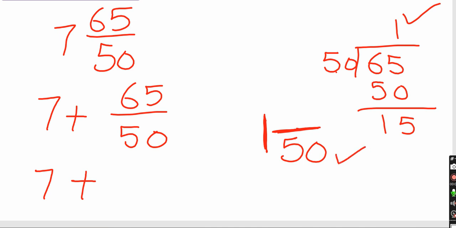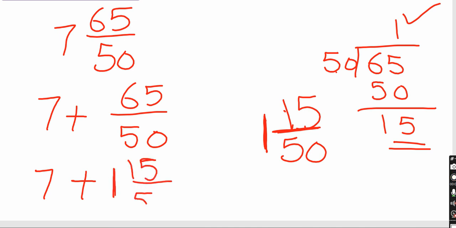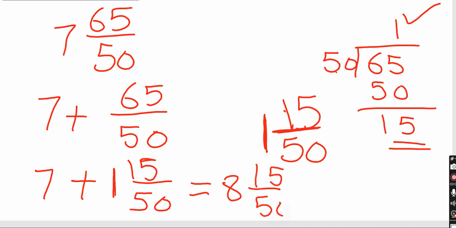So the denominator is 50 and this remaining amount 15 will come on top and become the numerator. So instead of this, I will write 1 whole 15 by 50 and then I will add it. 1 whole plus 7 will become 8 whole. 8 whole 15 by 50.